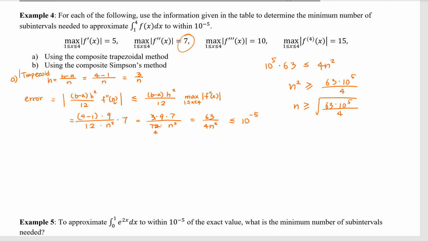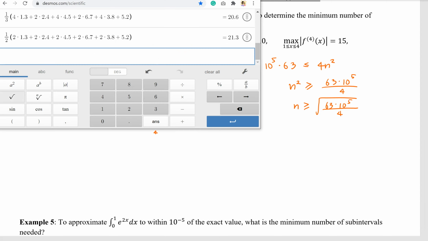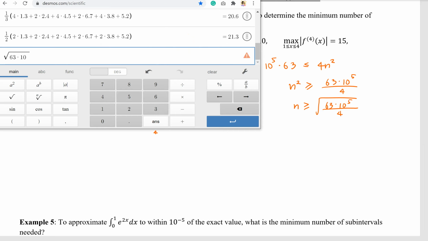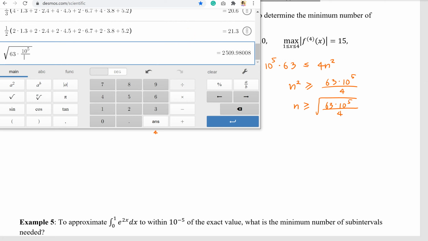Alright, so let's calculate what these numbers are. On the calculator, we have the square root of 63 times 10 to the 5th, divided by 4.